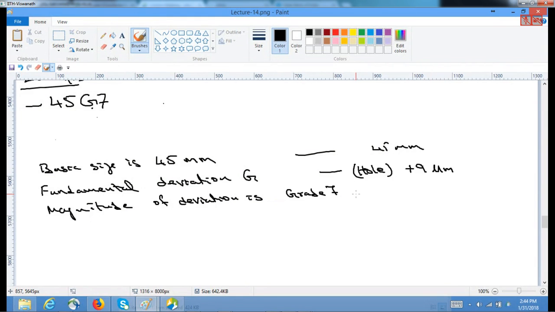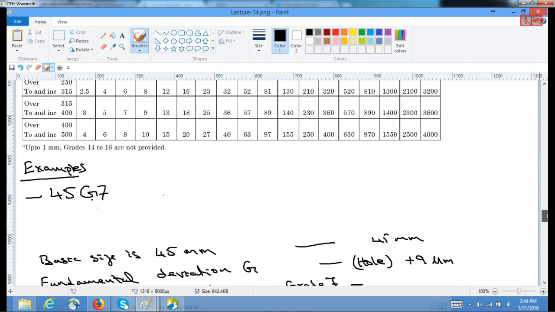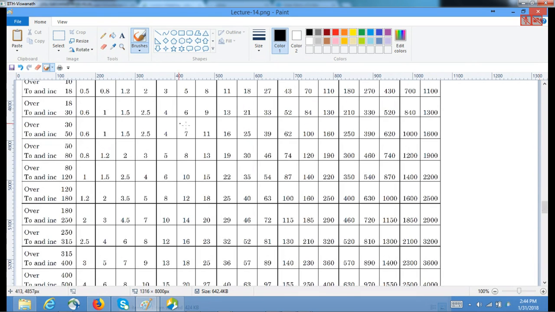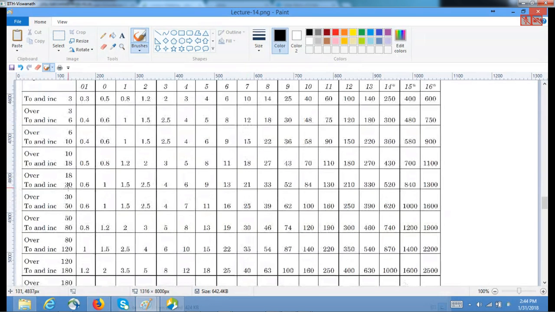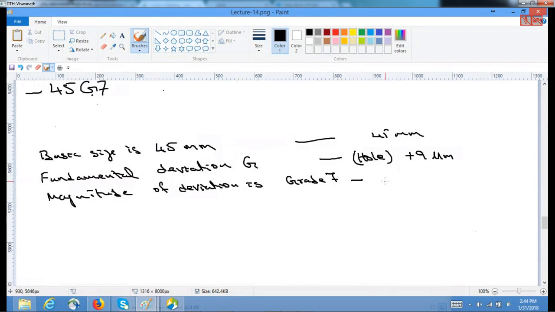For 45 mm, grade 7 says that this is 25 micrometers.